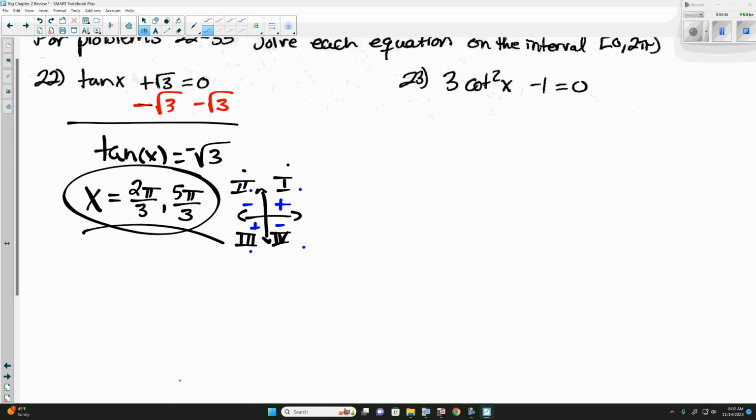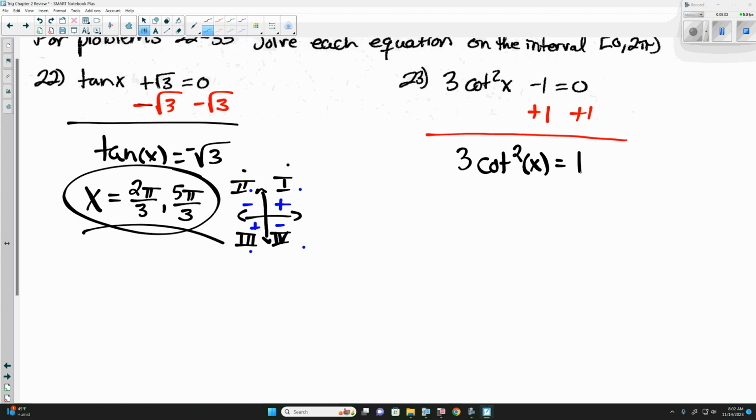23 is the same as 22. We need to get cotangent by itself. Now, even though the cotangent is being squared, there is no other cotangent. We have a term being squared, and that's it.